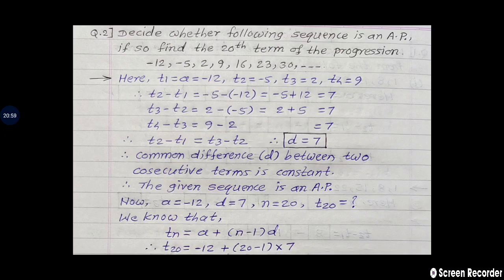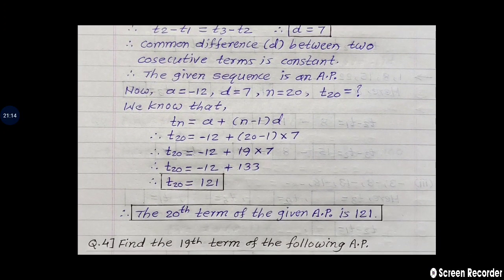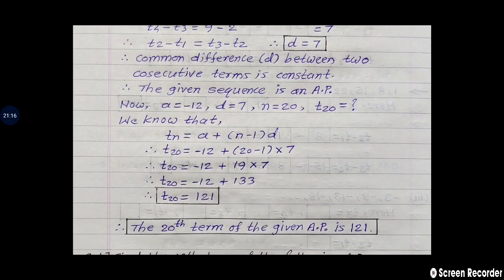For that, we know the first term, the common difference D, and the value of n, meaning which term it is. The 20th term means n is equal to 20, and T20 equals question mark. Then write down the formula, substitute the values and do the calculation without any mistake. So you are getting full marks.